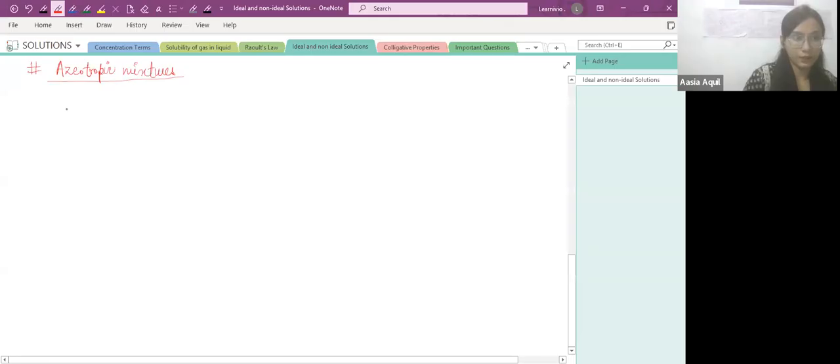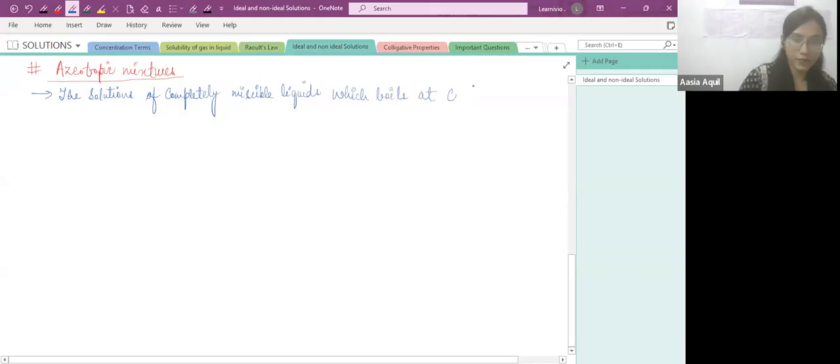So write down: azeotropic mixtures are solutions of completely miscible liquids which boil at constant temperature and can be distilled over without any change in composition.